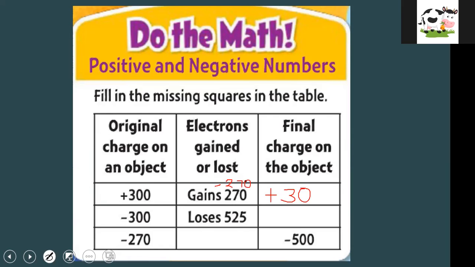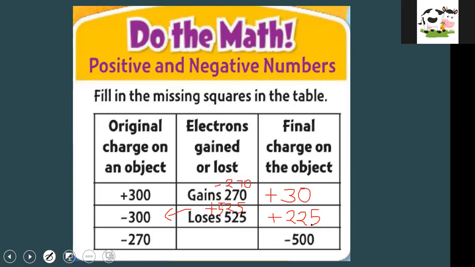It's gaining positive charge. So now what do we have to do? We have to add, right? This becomes plus 525, and then you have to add that to this. What do you get? Sophia? Positive 225. Yes, good.